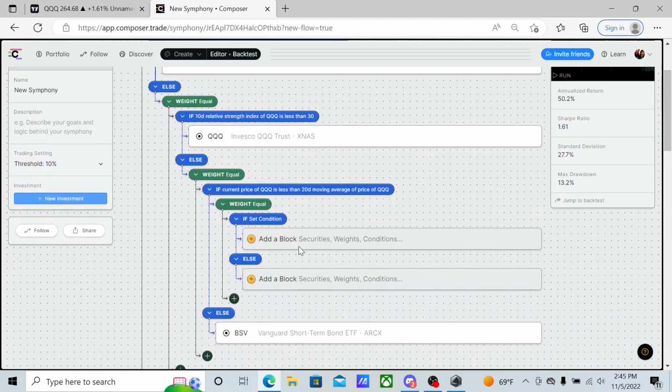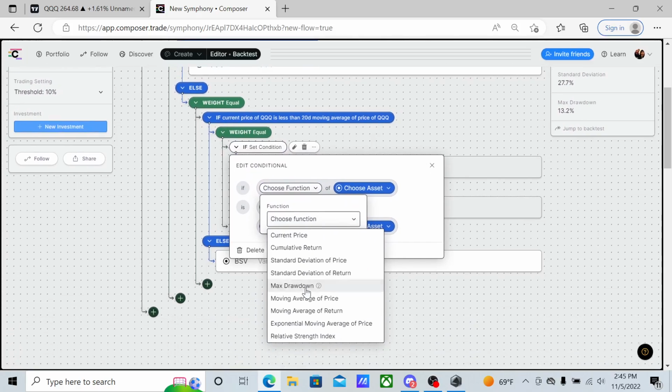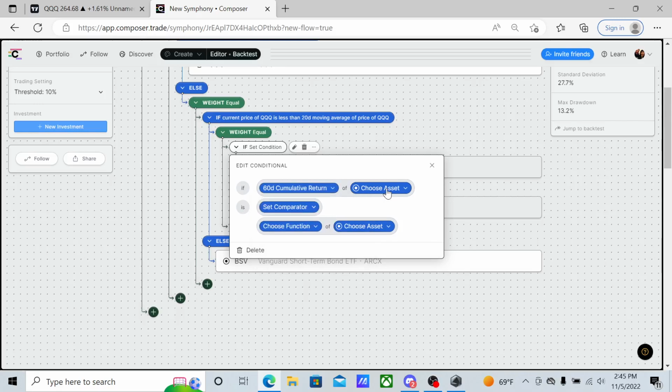Yeah, you could definitely do that, and this is how we would plug that in. You would delete your filter, and then add another step first. I'm going to go with what OK High is saying. So cumulative returns. You could do a 60-day cumulative return.